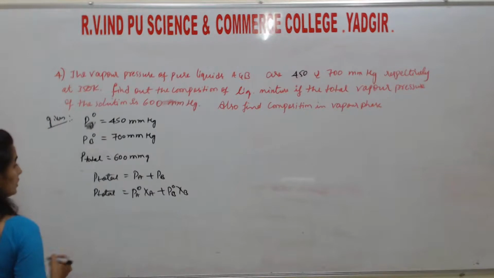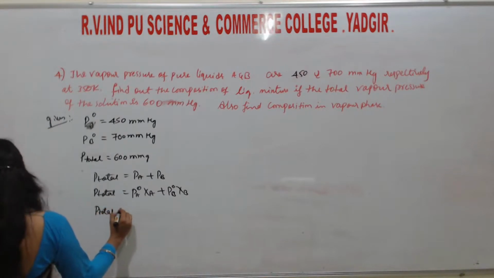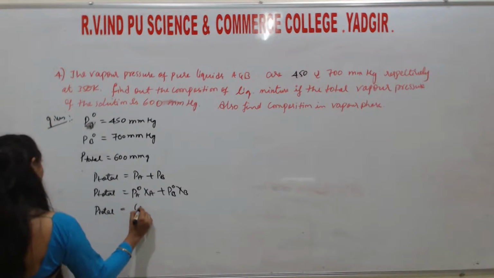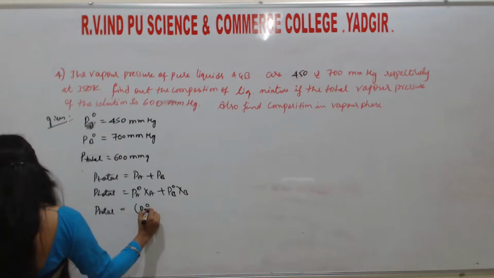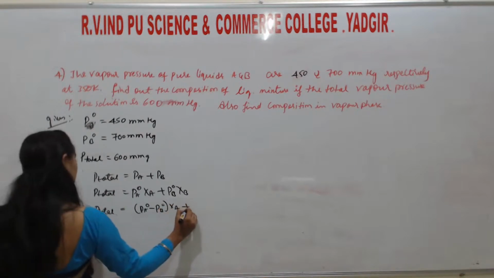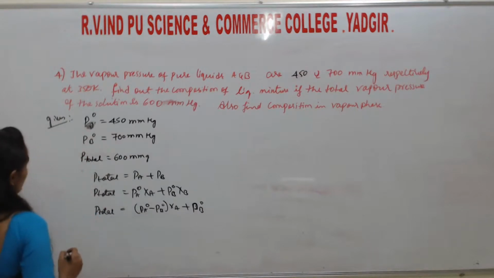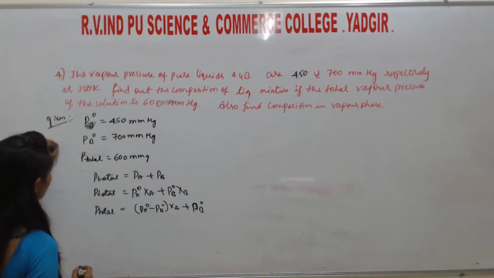So P total is equal to PA naught minus PB naught into XA plus PB naught.